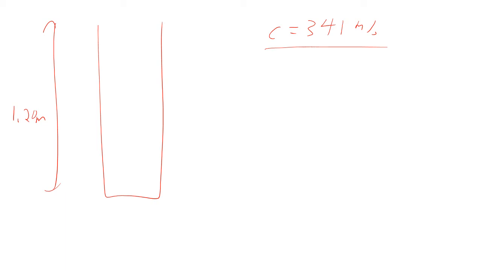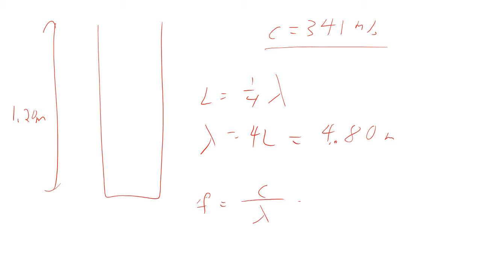So we look at it and say, in this case, 1.2 meters. We know that the length is 1/4 of a wavelength, so the wavelength is 4 times L, so that would be 4.8 meters. Frequency is equal to C divided by lambda.